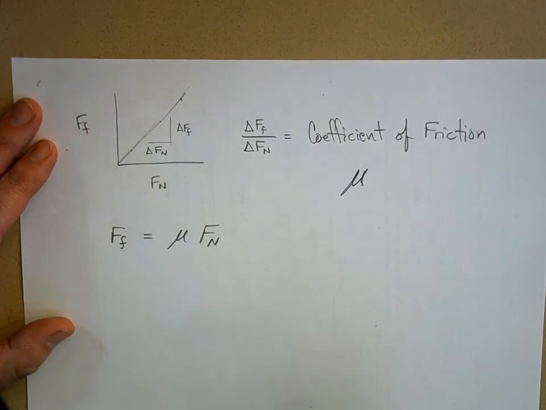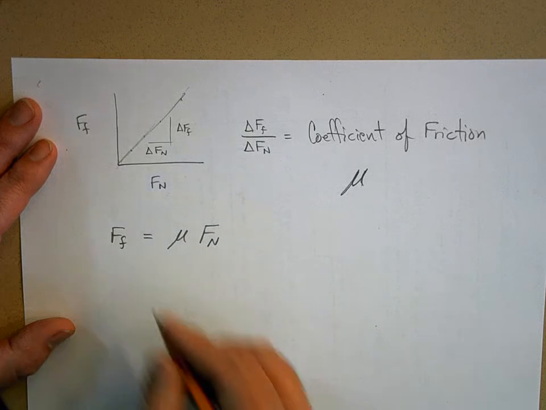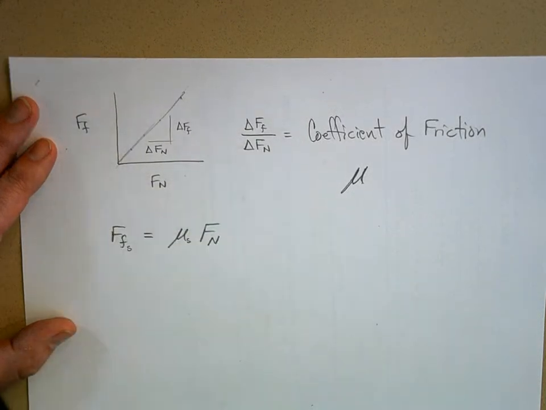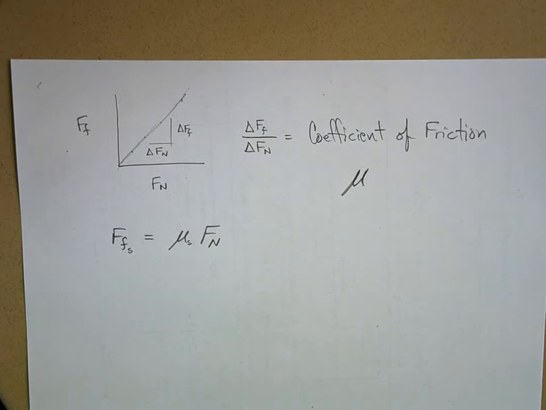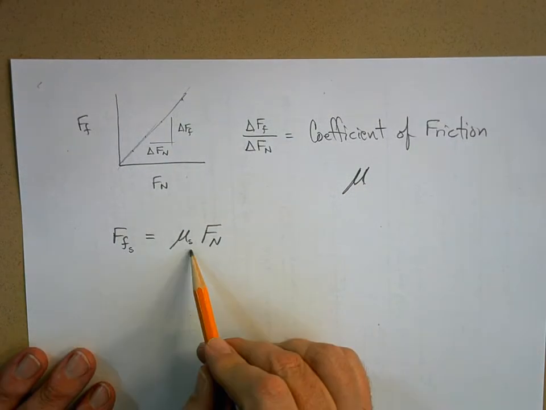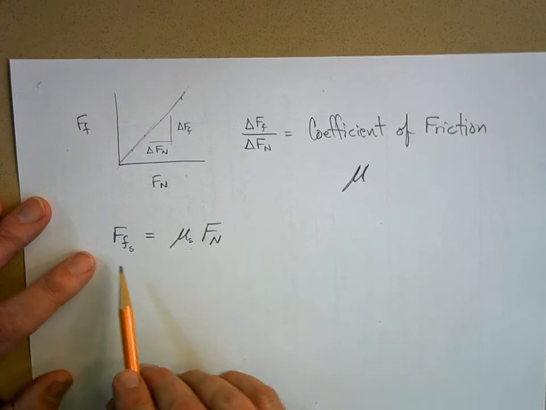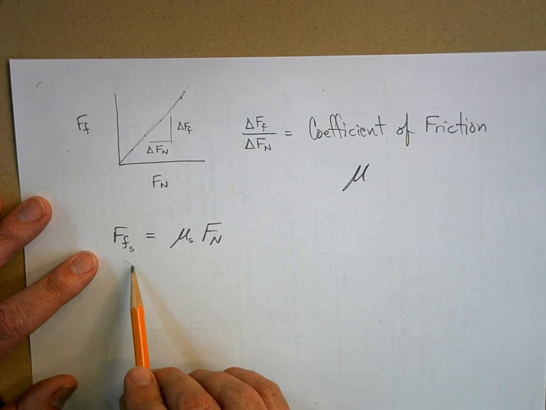Now we have two kinds of friction. We have static friction, so you need a static coefficient of friction. And really, this is the maximum possible.